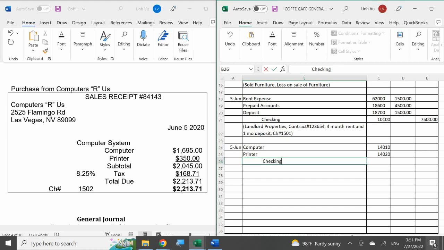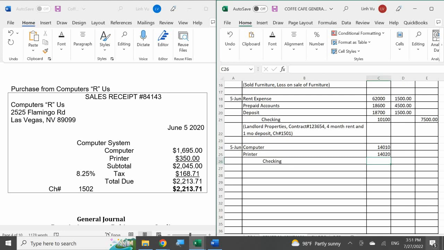Now, question to you. I wrote a check for $2,213.71. I can confirm that because that's how much my check amount ended up being.